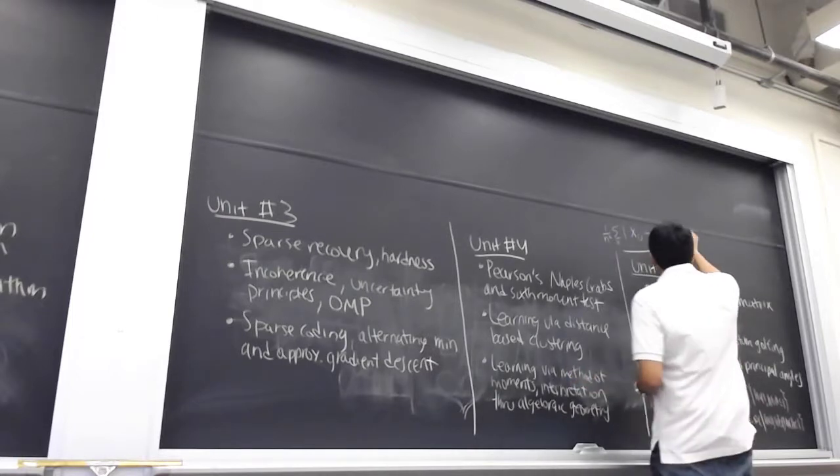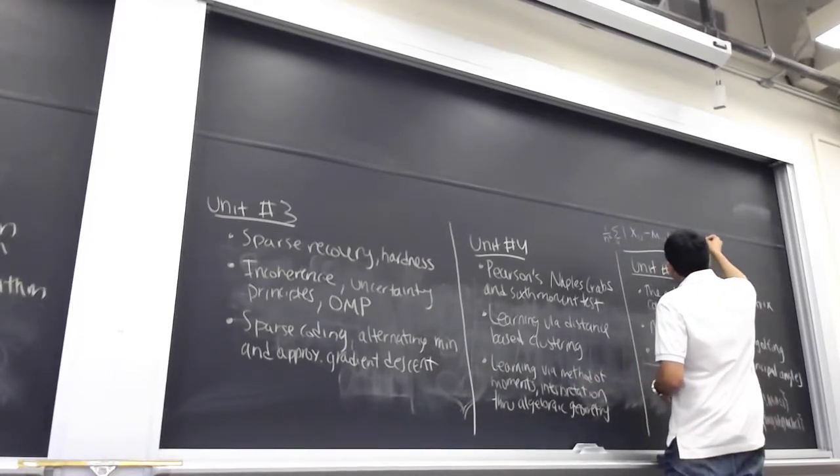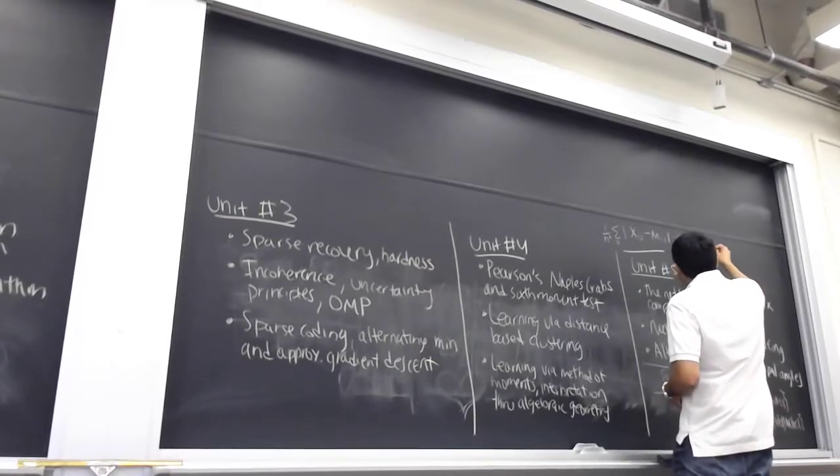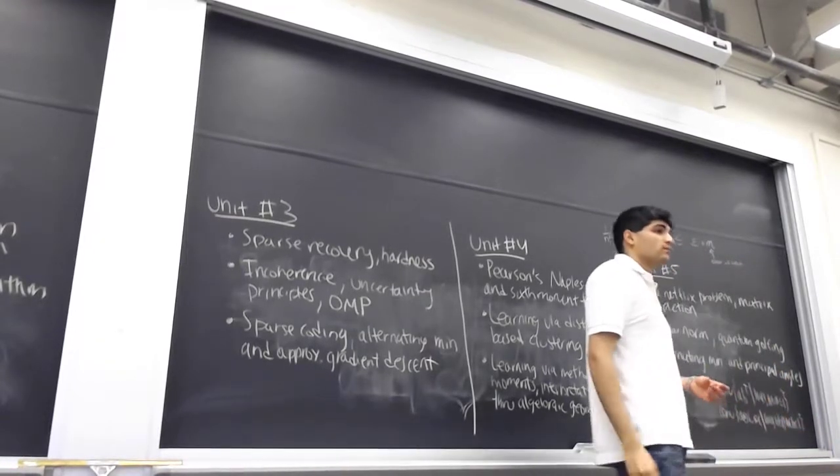One thing you can do is show that with high probability, this will be at most some epsilon plus eta, where eta is the error of the best low rank approximation.